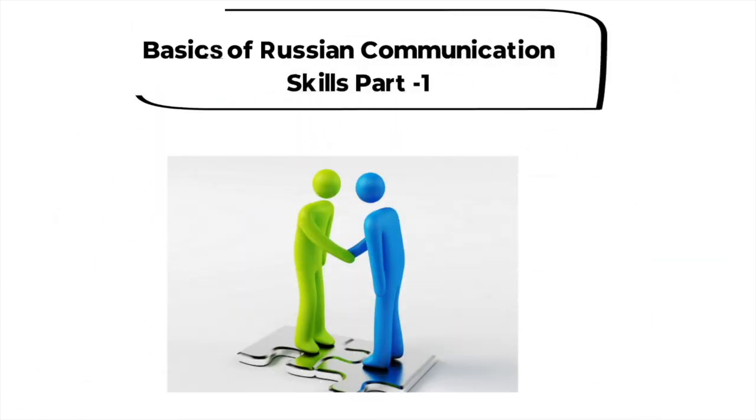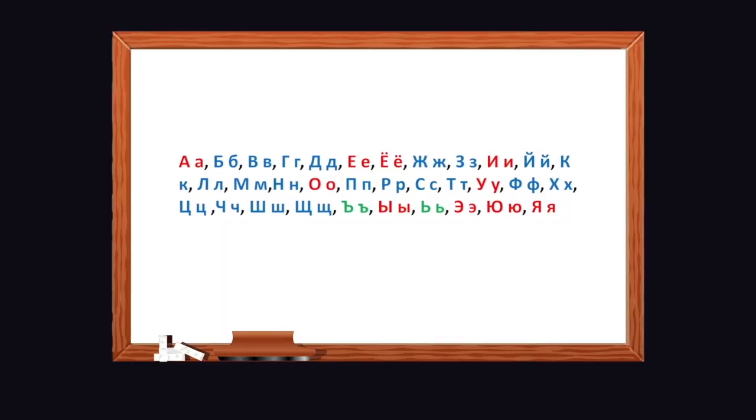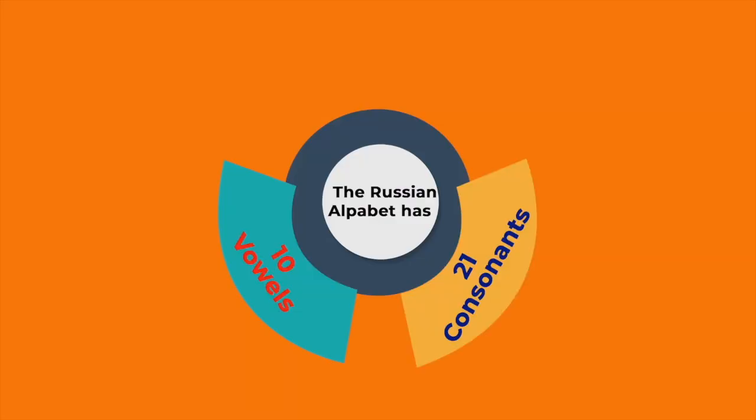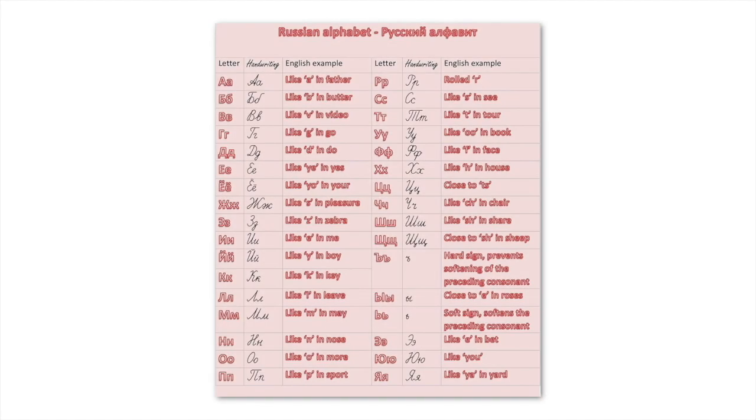As you know, in our previous modules we have discussed the Russian alphabet, various letters of the Russian alphabet, and then we differentiated them as consonants, vowels or signs. We have also seen how these different letters are combined together to have a specific sound, and we have seen various combinations of these letters as vowels and consonants and consonants and vowels.